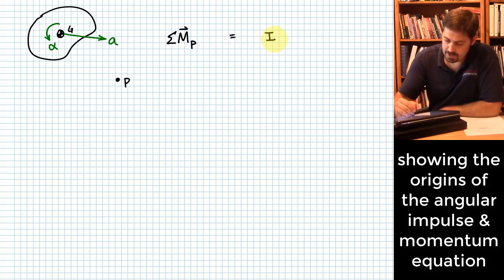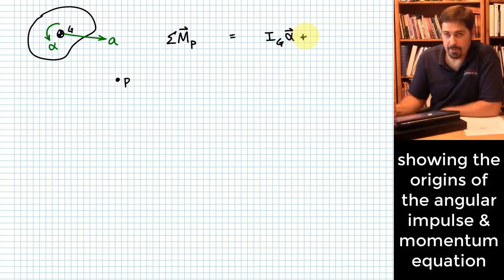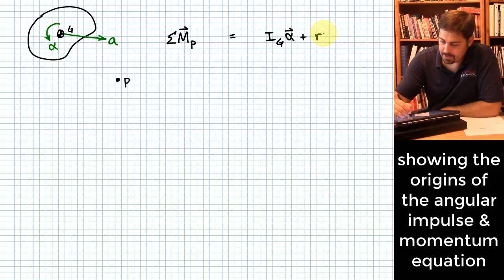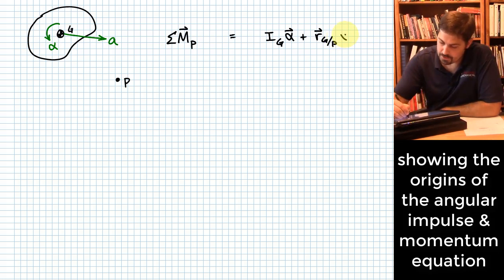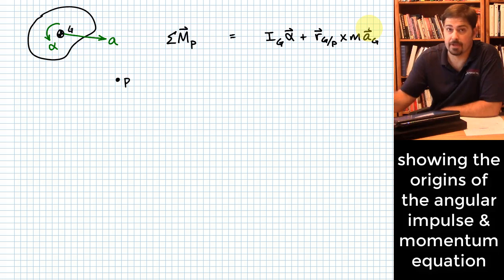One is the moment of inertia around the center of gravity times alpha, where alpha is a vector quantity, plus, and you might remember this other term, r of g with respect to p, or g relative to p, crossed into the mass times the acceleration of the center of gravity. That would also be a vector term.